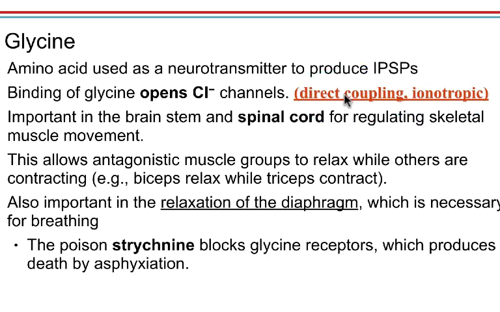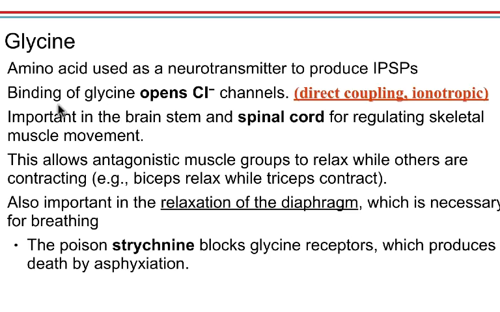These are different names that refer to a receptor that is also a channel. When glycine sits on the receptor, it opens up and allows chloride to move inside the cell. As you all know by now, chloride is a negative ion, and as a result the inside of the cell becomes negative, which blocks or inhibits the neuron.